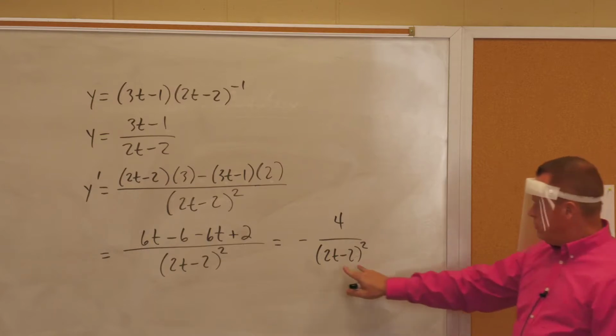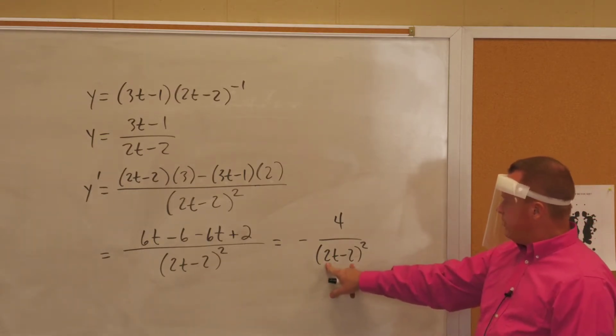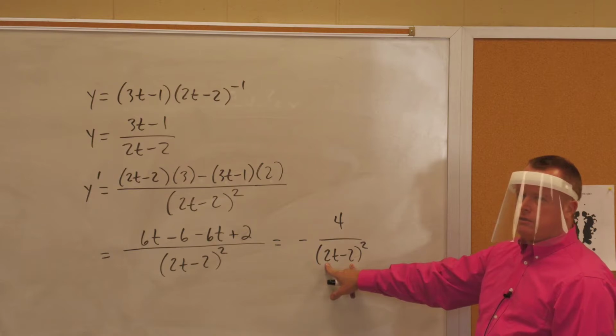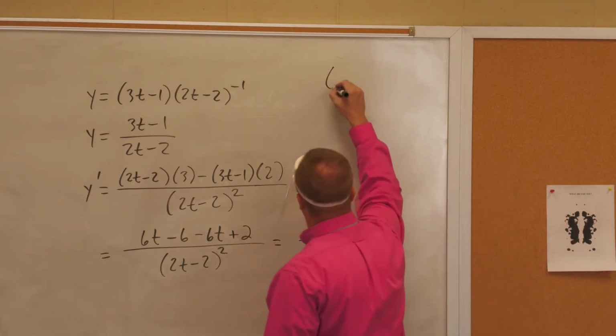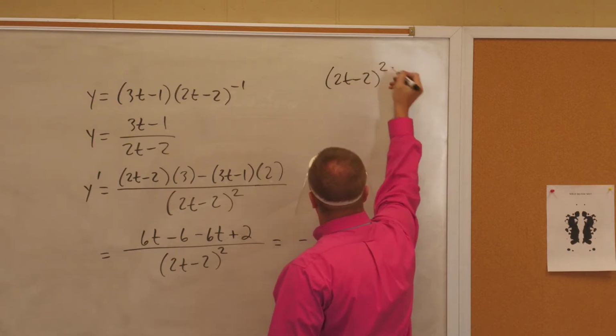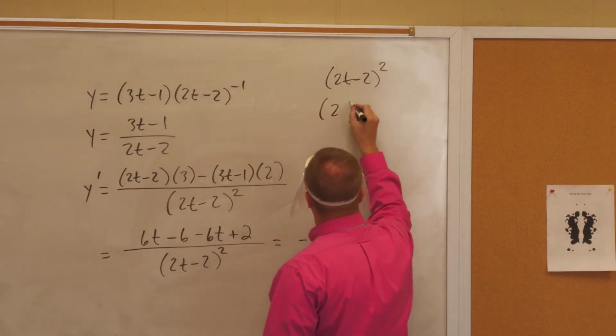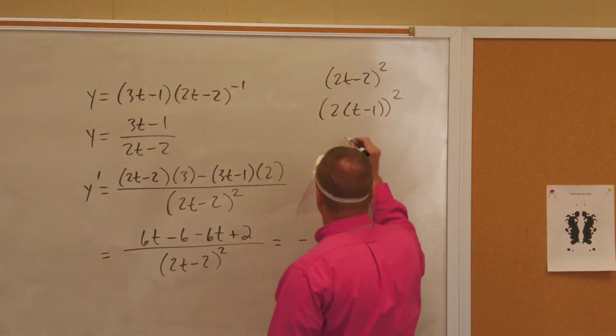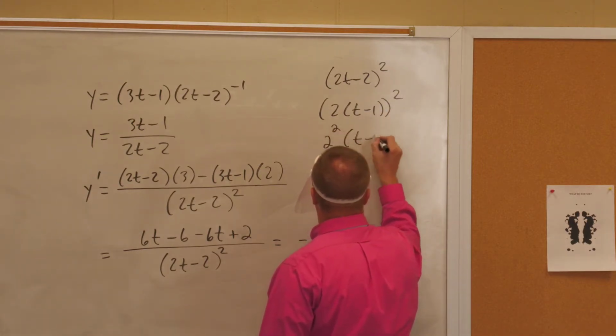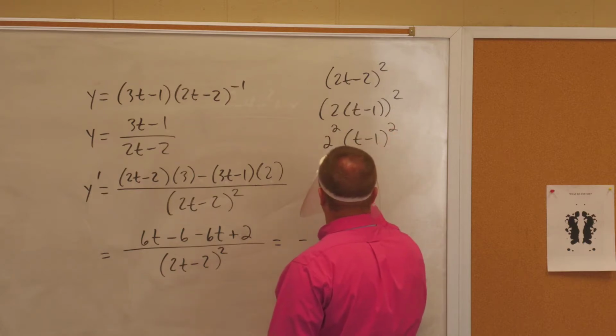Now I can reduce that a little more algebraically. What do you notice in the bottom here? It'll still have a factor of what? Factor of 2. So if I have 2t minus 2 squared, that's the same thing as this, right? Which is the same thing as this, which is the same thing as this.